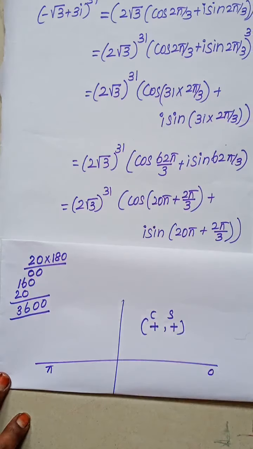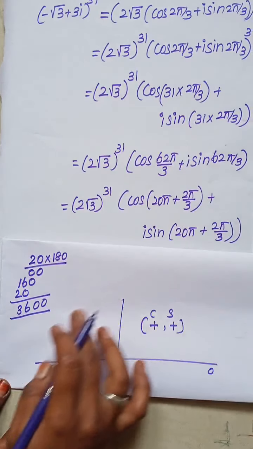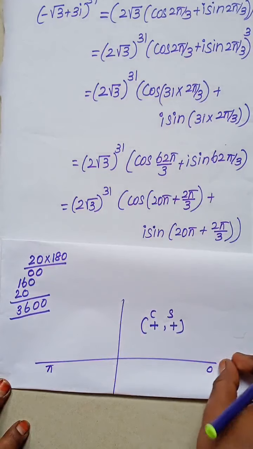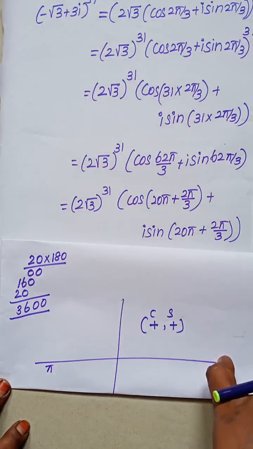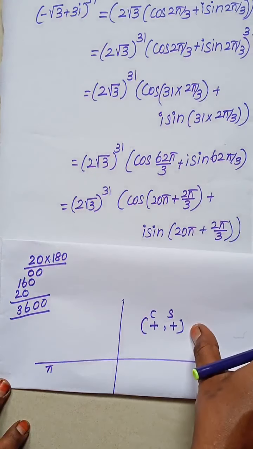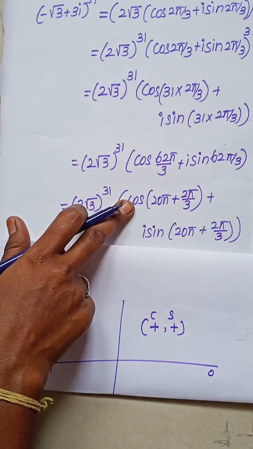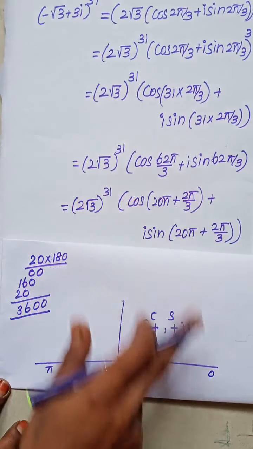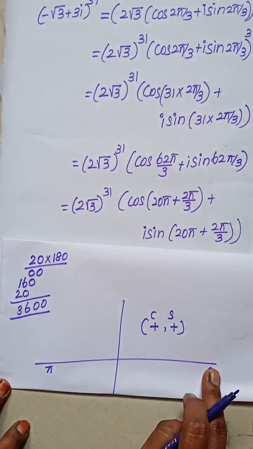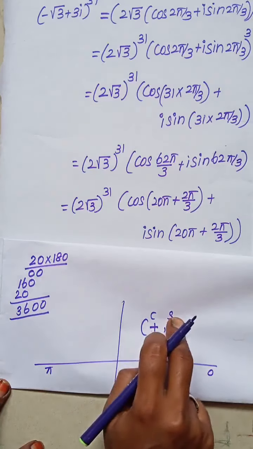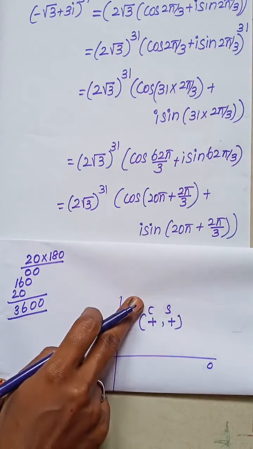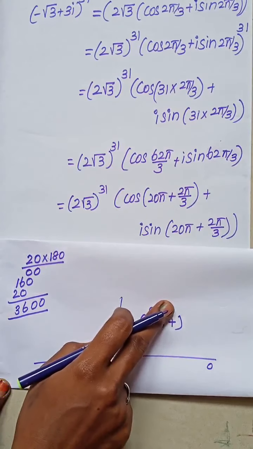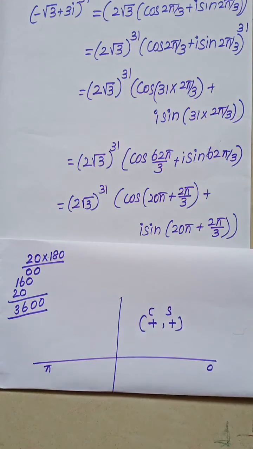Here 3600 is 10 times around, we get the first quadrant. So first quadrant plus theta: cos of 20 pi plus theta, cos positive, sin positive. So cos theta, sin theta. Do you understand, Rama?